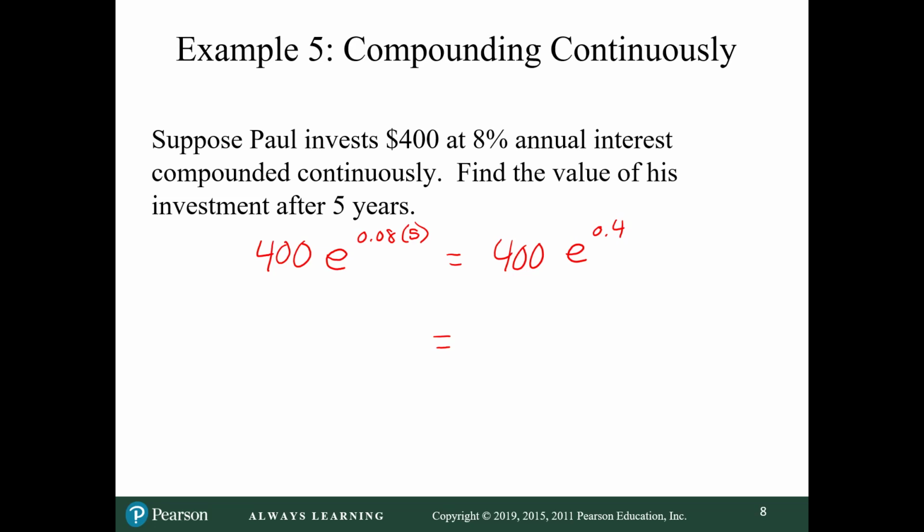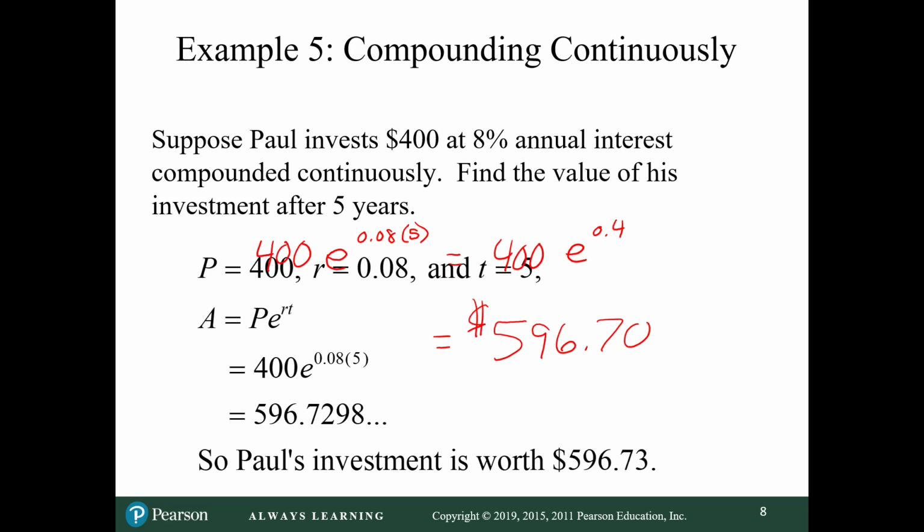What's 400 e to the 0.4 power? He made an extra dollar or so. Not that much when you're talking about this amount of money. But if you're talking about $1 million, it would be a decent chunk of money. Okay? So, compounded continuously is better.